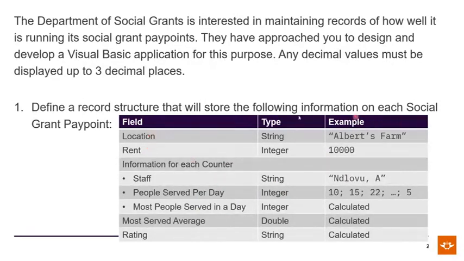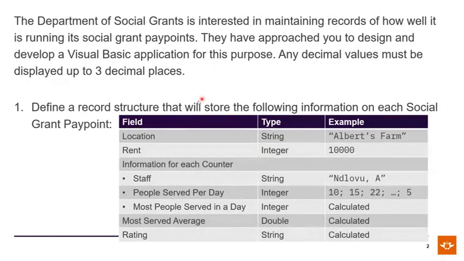And then inside each social grant pay point, they say information for each counter. So the magic word that you should try and look for is the word each, or later on you will see per.